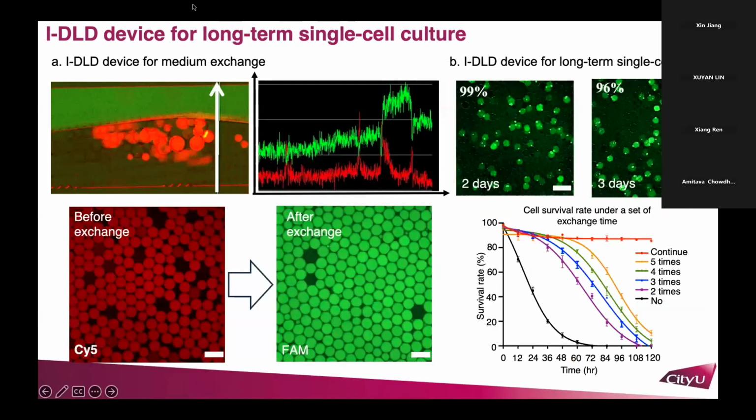Then, in order to show the exchange efficiency of our DLD device, we labeled the droplet and the fresh media with Cy5, the red fluorescent dye, and the green fluorescent dye separately. As you can see in the figure, through our device, we could achieve nearly 100% medium exchange efficiency.